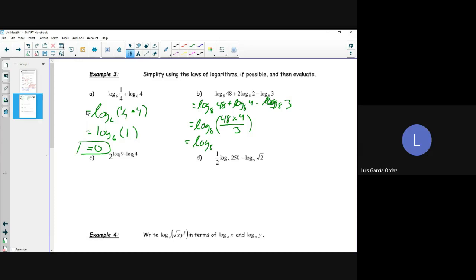What does that give us? So it gives us 64.